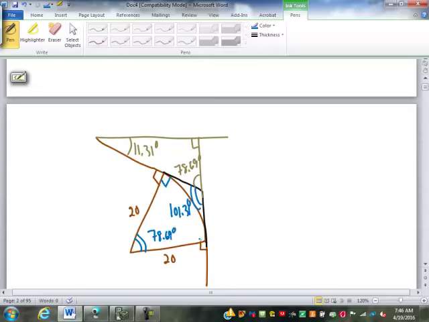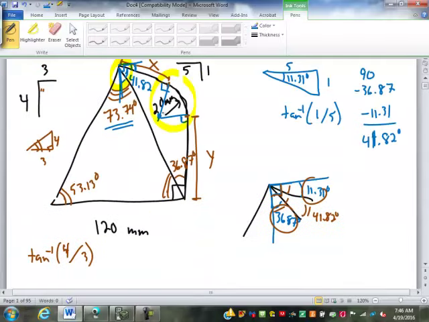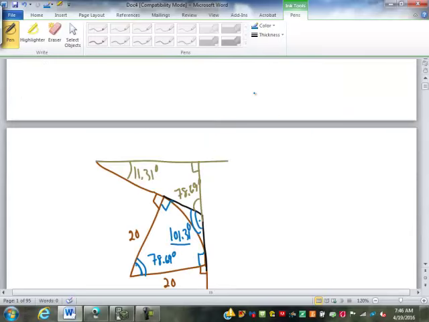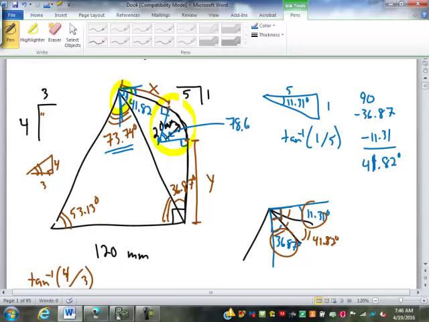Because I've got 90, 90, 101.31, those have to add up to 360 because it's a four-sided figure. Now this angle out here really doesn't exist, but I had to draw it in so I could find this angle in here, which is 78.69 degrees.